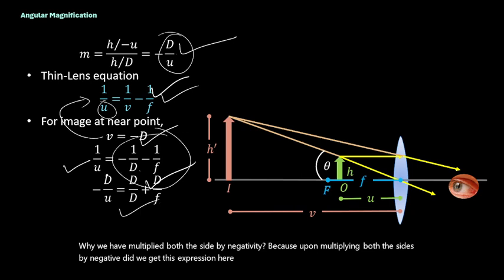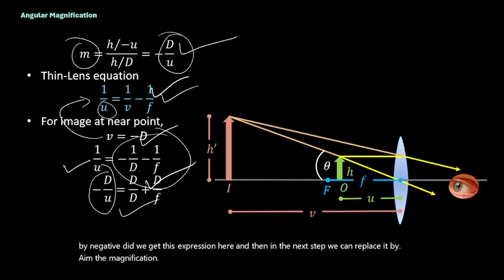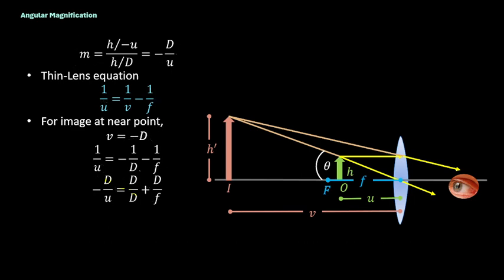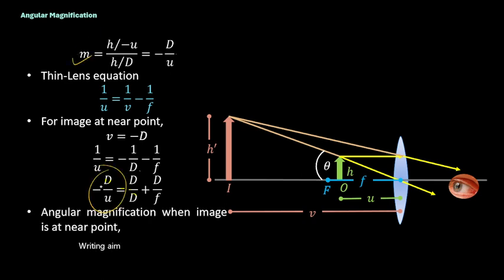And then in the next step, we can replace it by m, the magnification. Writing m for negative D by u, we get angular magnification when image is at a near point.